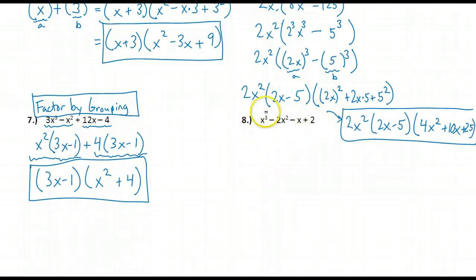Looking at number 8, we have a cube, and we have 4 terms. So we're going to factor by grouping. We're going to group our first 2 terms together and our second 2 terms together. Out of the first 2 terms, we're going to factor out an x squared.